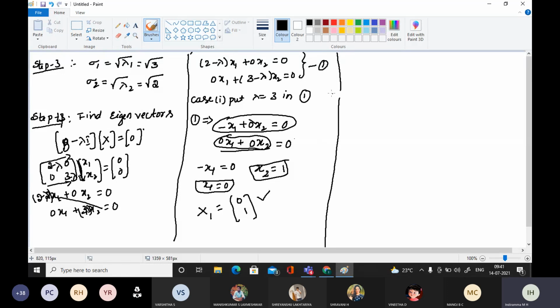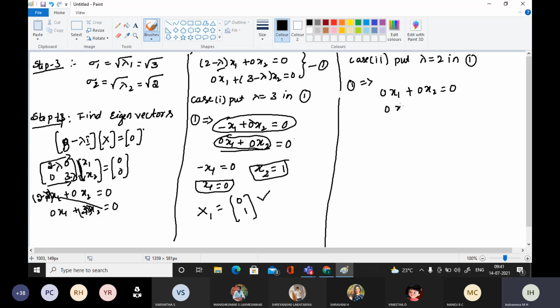Yes, ma'am. Next I will go for case 2. What is case 2? Put lambda equal to 2 in the system of equation 1. So now the system of equation 1 implies, here you put lambda equal to 2: 2 minus 2 is 0, so 0 x1 plus 0 x2 is equal to 0.